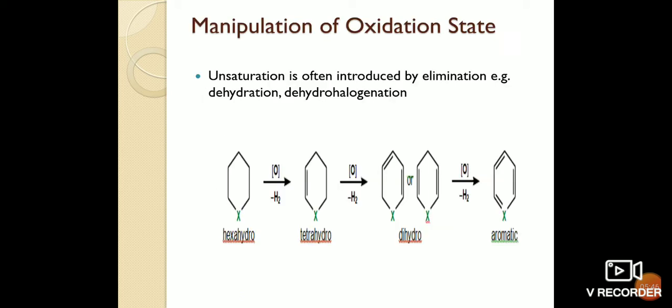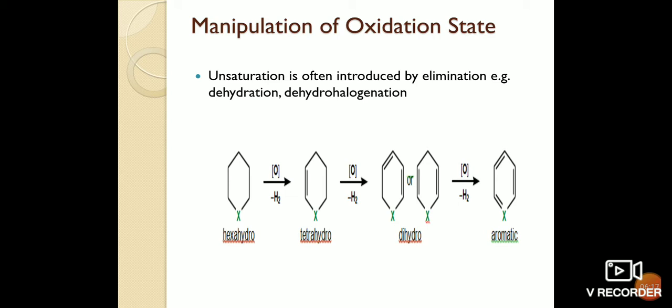A manipulation of oxidation states. Unsaturation is often introduced by elimination. Example, dehydration or dehydrohalogenation. So this is a saturated ring, hexahydro, which on dehydrogenation forms a tetrahydro compound.